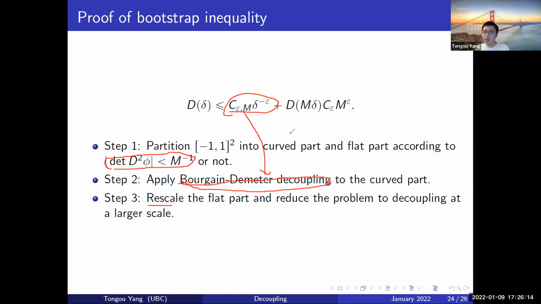And at that scale, we can apply the induction hypothesis, because this is essentially what we meant by inductional scales. So because for the flat part, we can transform the problem of decoupling to a larger scale, we get the term on the right-hand side. So this means that using this rough idea, we can prove that the decoupling constant is bounded by the sum of two terms, the first term given by the curved part and the second term given by the flat part.